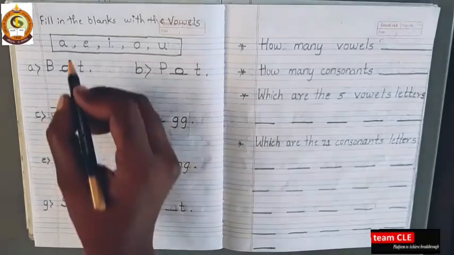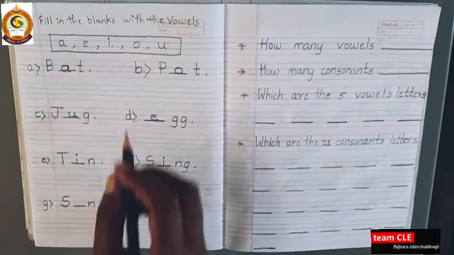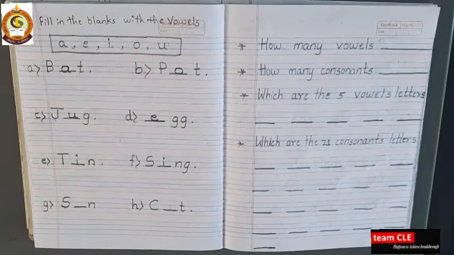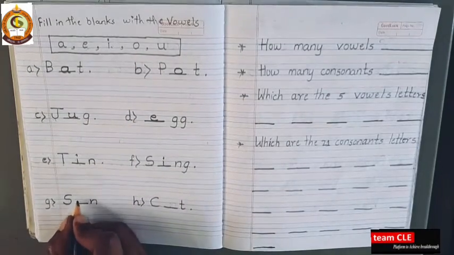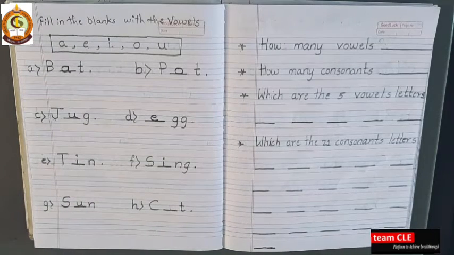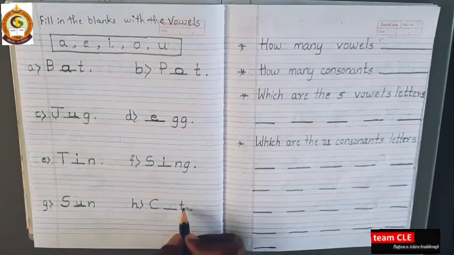S-N. S-U-N, sun. So any one you can write it here. I will write the U letter. S-U-N, sun. So the U vowel is missing here. Next, C-T.